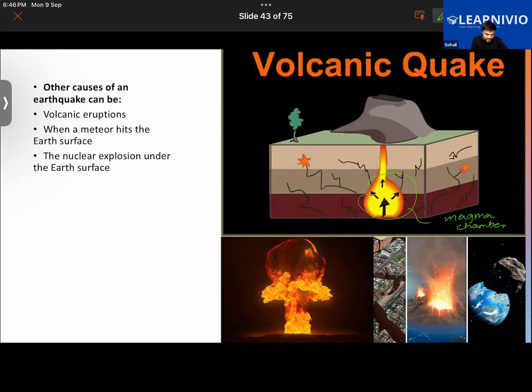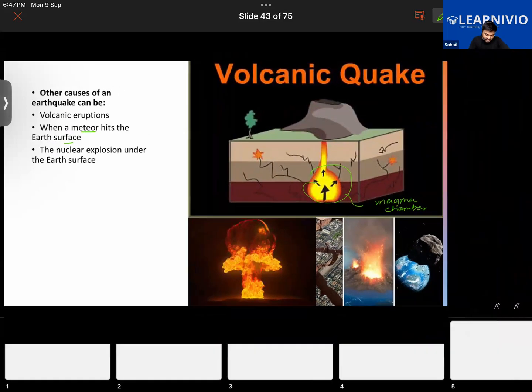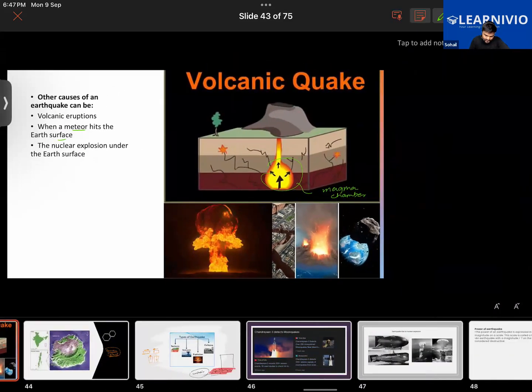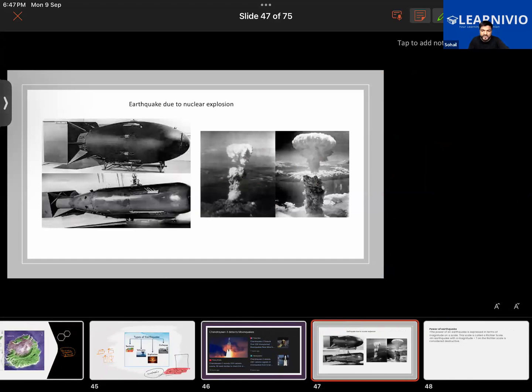So that will also trigger earthquake. Another reason is when a meteor hits the earth surface, that also leads to earthquake. Also, a nuclear explosion under the earth surface is said to have caused earthquakes. But those are usually weaker earthquakes.